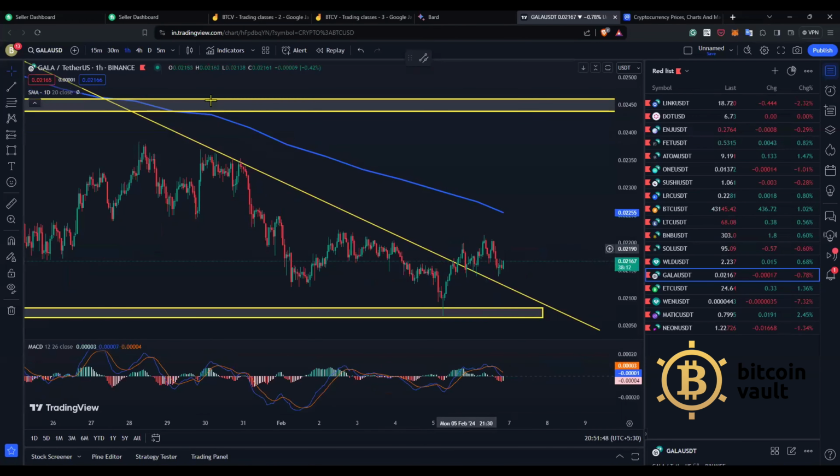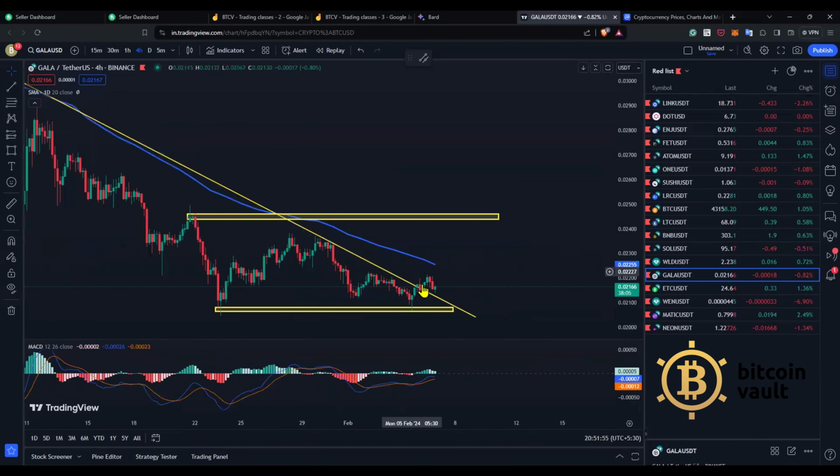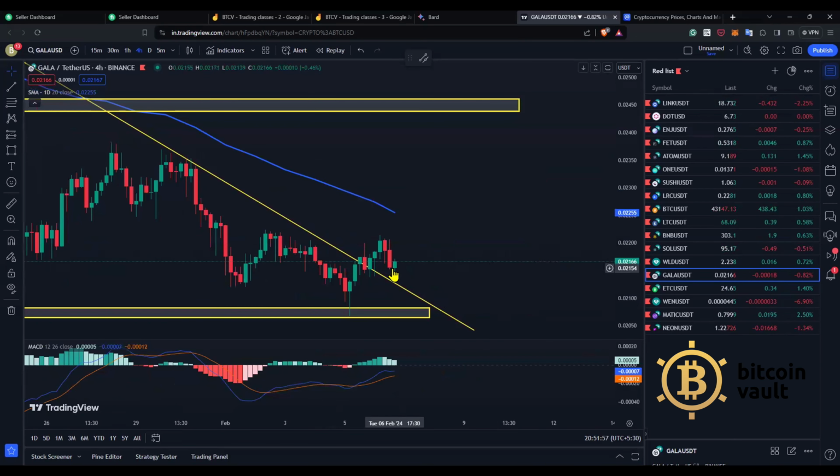This one has also broken out. This Gala, same logic, by applying the same logic, the resistance trend line and the support levels, you can clearly see this actually looks a good one to trade.